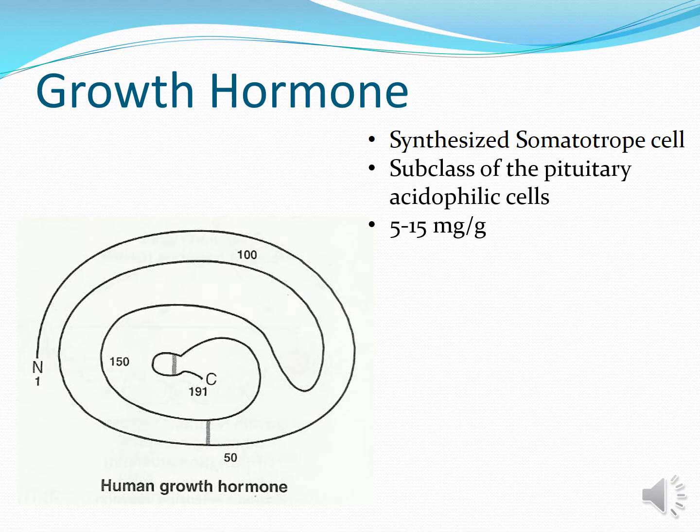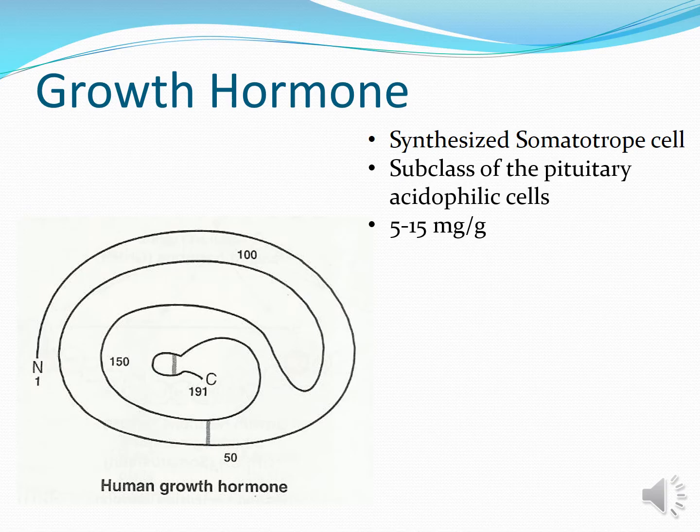Means the concentration of growth hormone is in milligram per gram, while the concentration of other pituitary hormones is microgram per gram. So the growth hormone is in higher concentration.